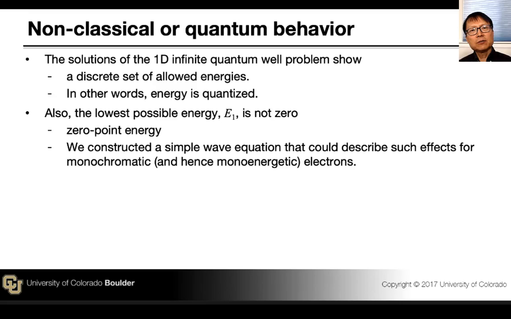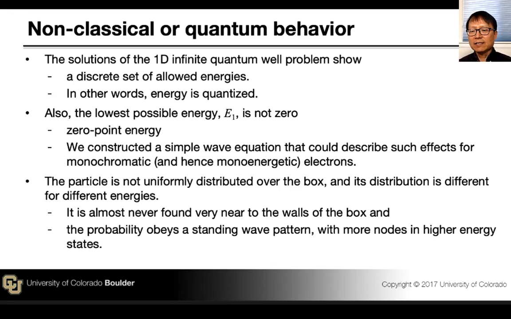And the lowest energy, E sub 1, is not zero. This non-zero lowest possible energy is often called the zero-point energy. And this has a very important ramification in many areas of physics.